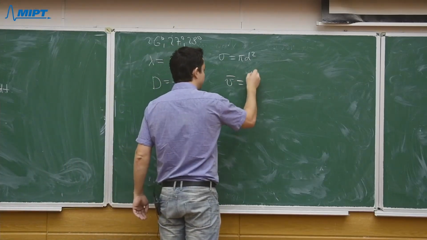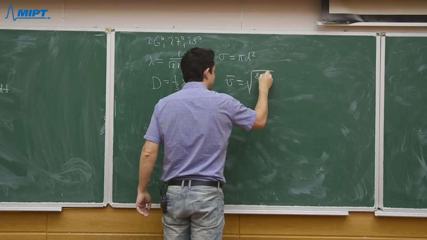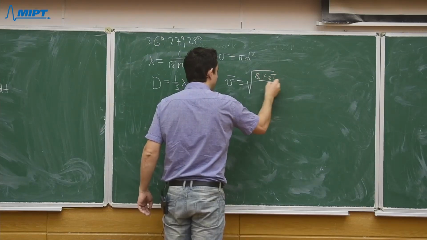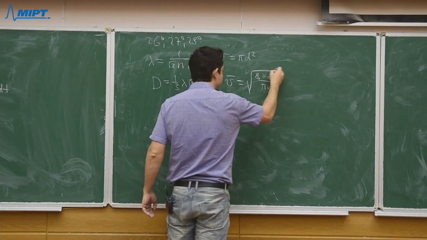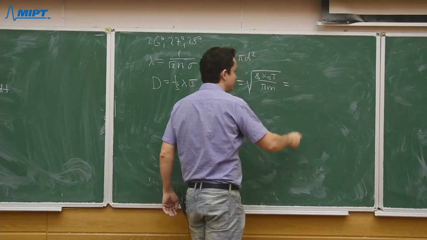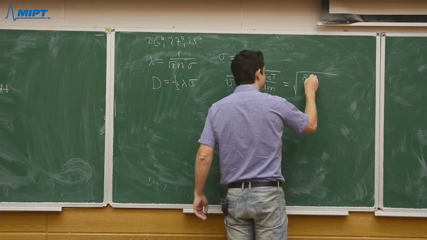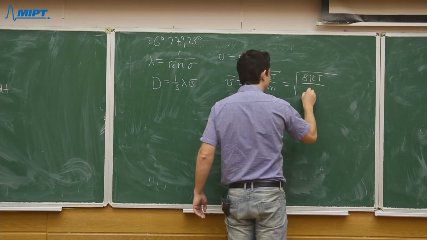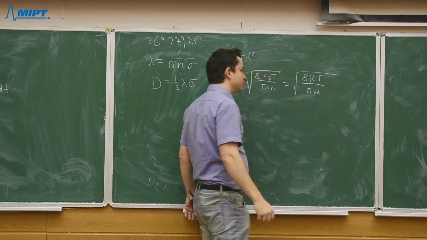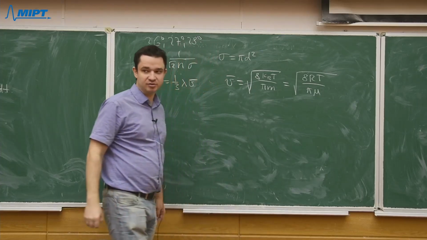That's equal to the square root of 8 kBT over pi times the mass of a single molecule. And as I have said previously, it's much more convenient to use this in the form of 8RT over pi mu, where mu is the molar mass and R is the universal gas constant, as usual.